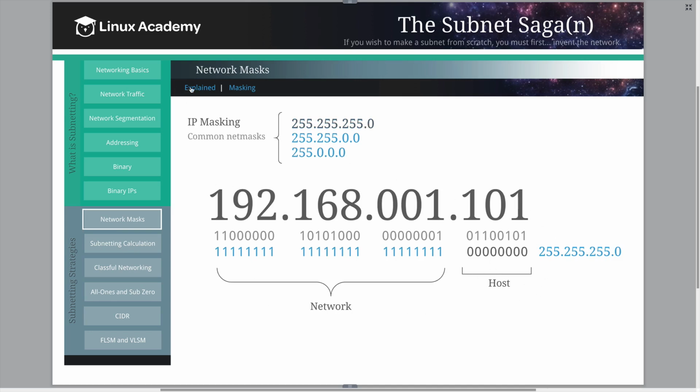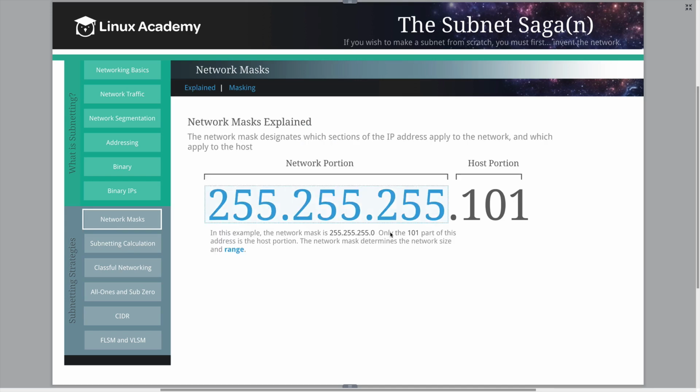So the big takeaway is that the network mask breaks your IP address into a host portion and a network portion by masking off the network portion, which means the only part on the LAN that's going to change is the host portion. Every other device on the LAN is going to have the exact same network portion.